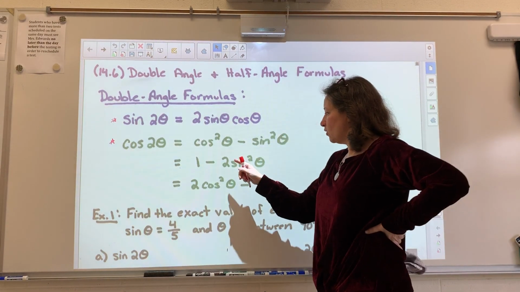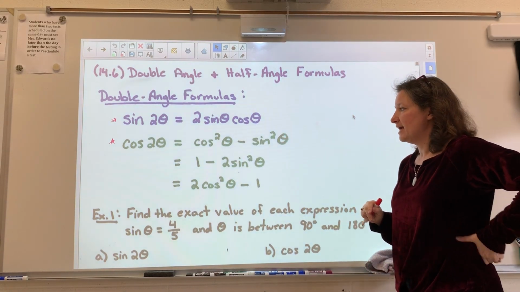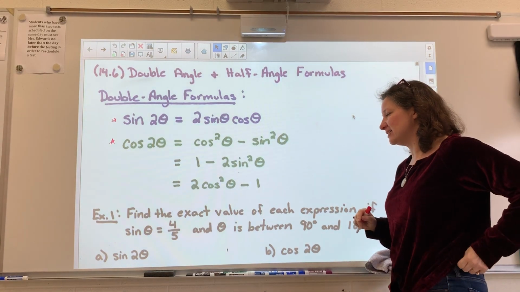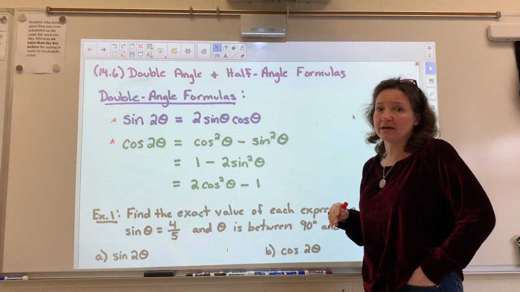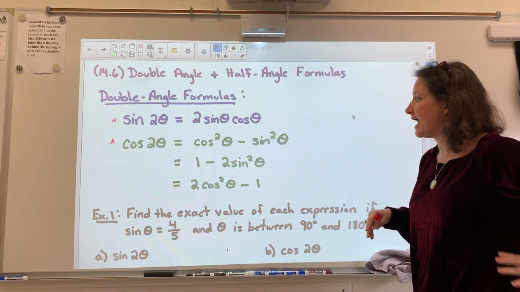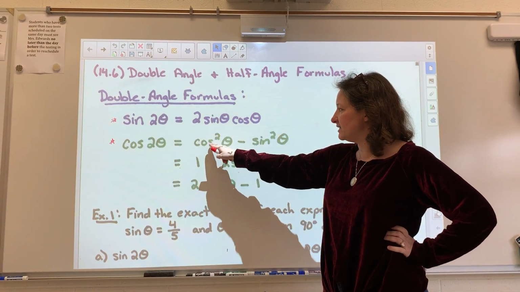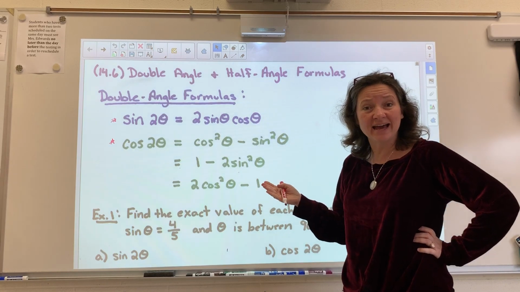So, where do these come from? These are variations of this first one, and they come from using our Pythagorean identities. For example, we might, for some reason in an equation, especially in section 7 when we get to that, want everything to be in terms of sine, which means we need to replace that cosine squared with something that has a sine in it.